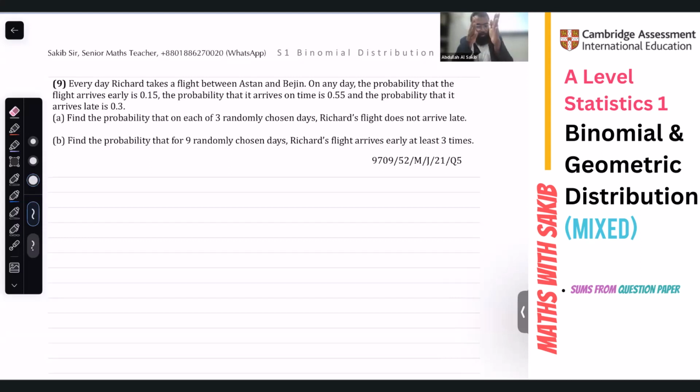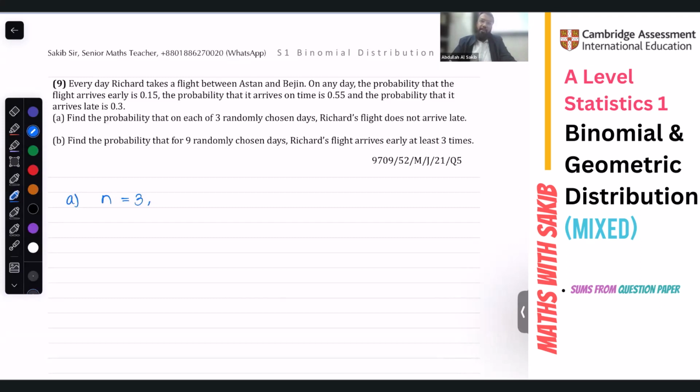Find the probability that on each of 3 randomly chosen days, so what does it mean? What type of distribution is it? Binomial, where n is 3. So it says that on 3 randomly chosen days, Richard's flight does not arrive late.